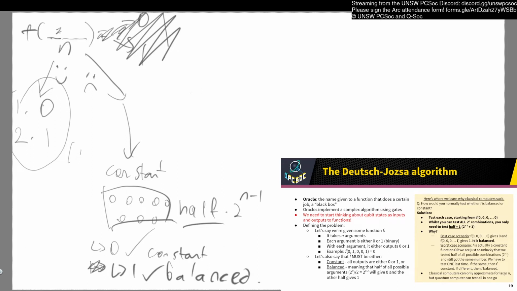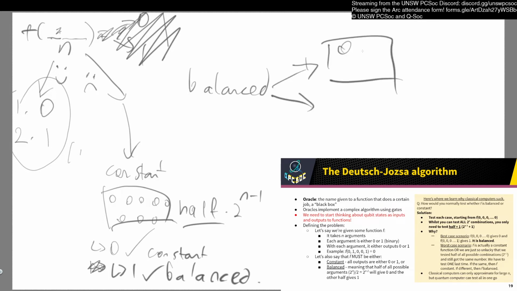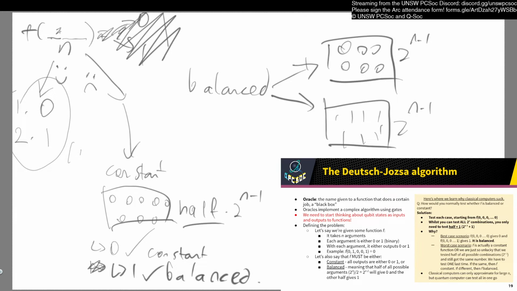A balanced function means that you have 2 to the power of n minus 1 inputs giving you zeros, and 2 to the power of n minus 1 inputs giving you ones.